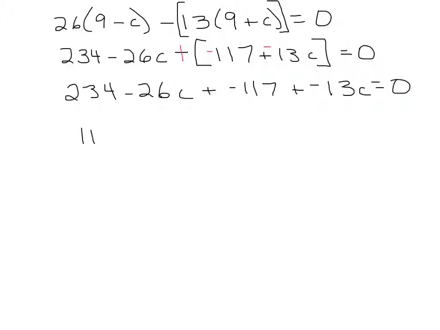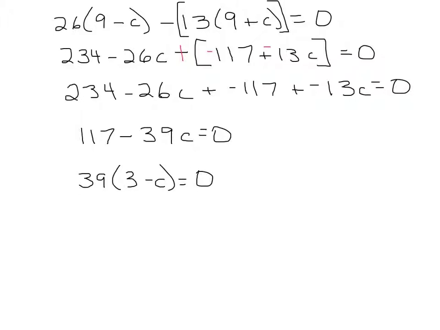So we have 117, and then we have minus 26c minus 13c, so that gives us minus 39c equals 0. And it just so happens that 39 goes into everything, so we pull out the 39, and we're left with 3 minus c equals 0.